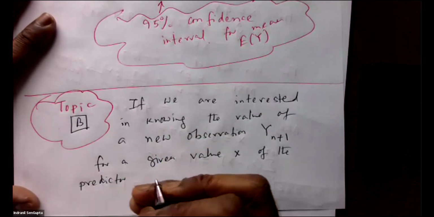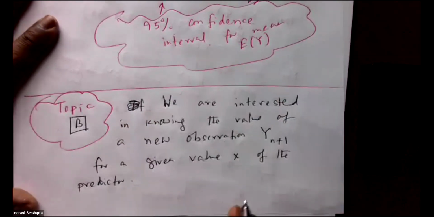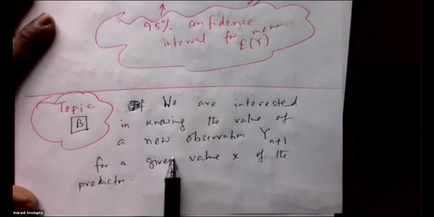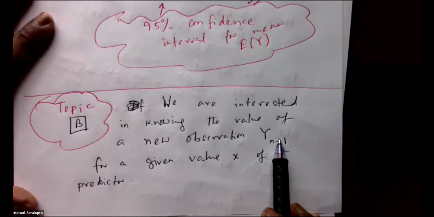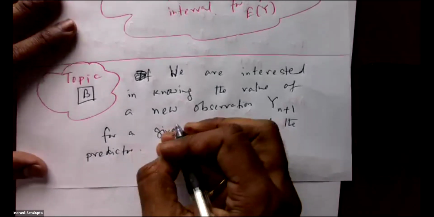Okay. So that is what we are interested in knowing: the value of a new observation y n plus 1 given the value of x as a predictor.